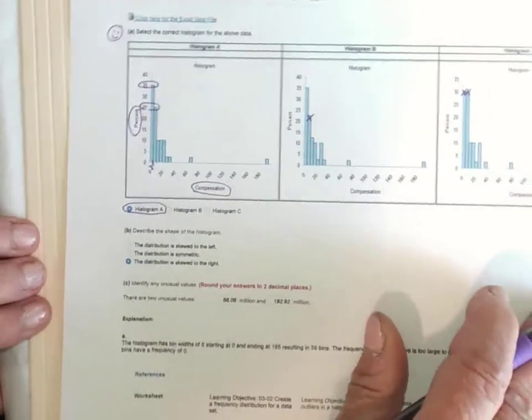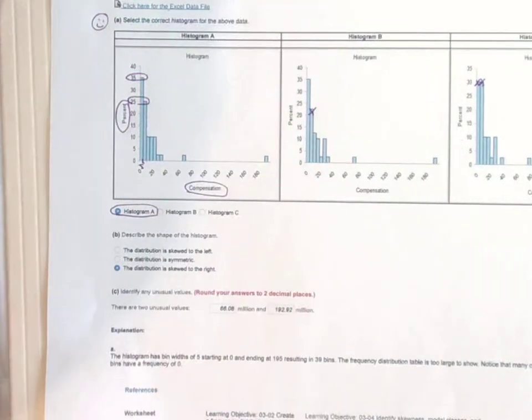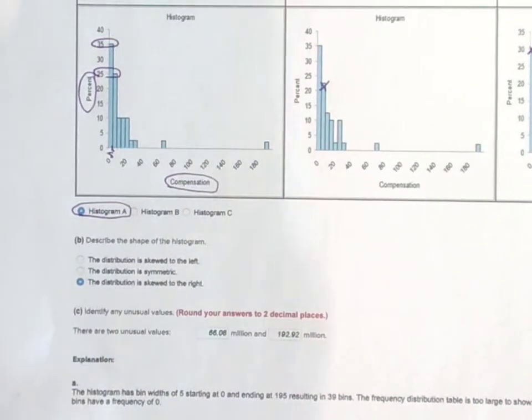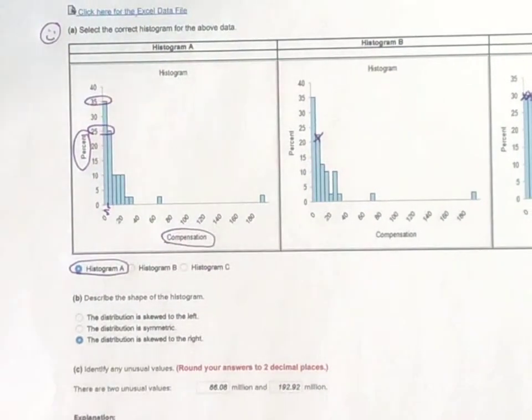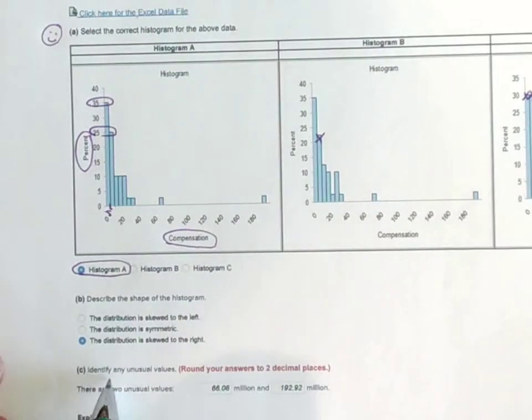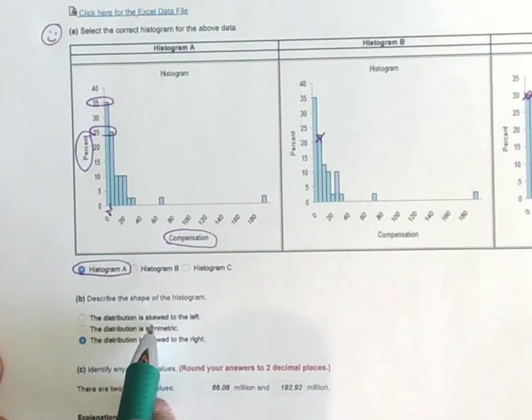Now part B, I'm going to make this a little bit bigger. Part B asks yourself the question, is it skewed, symmetric, or skewed to the right?